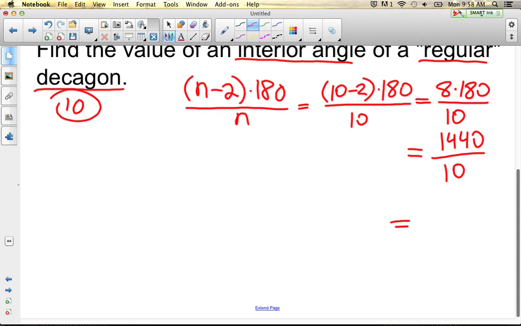Which gives you a final answer of 144 degrees. So if you had a regular decagon, that's a 10-sided polygon, each inside angle should be 144 degrees. Moving on.